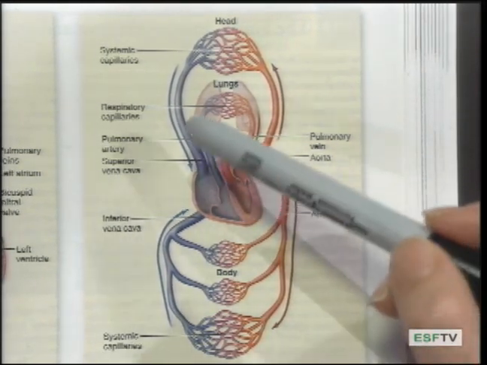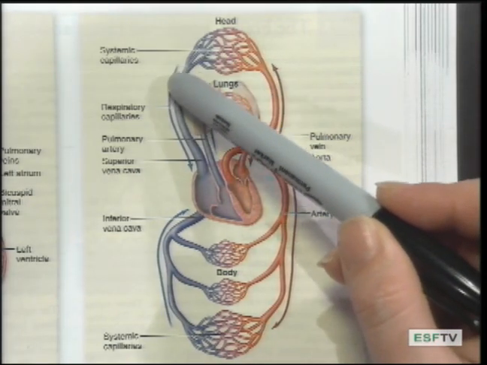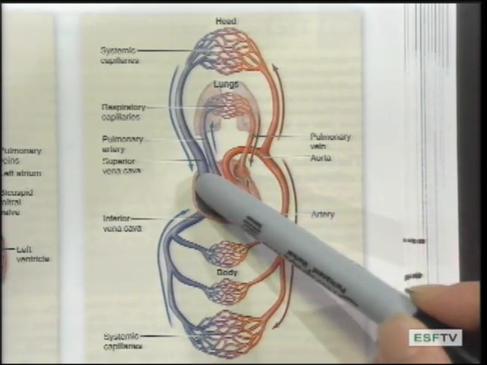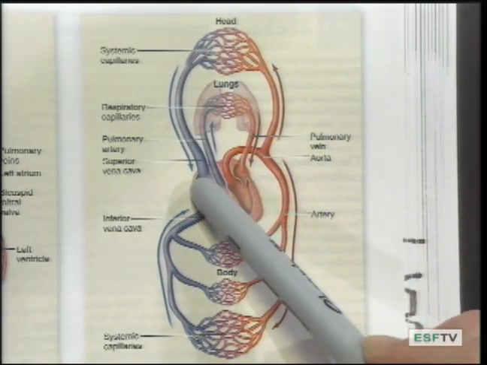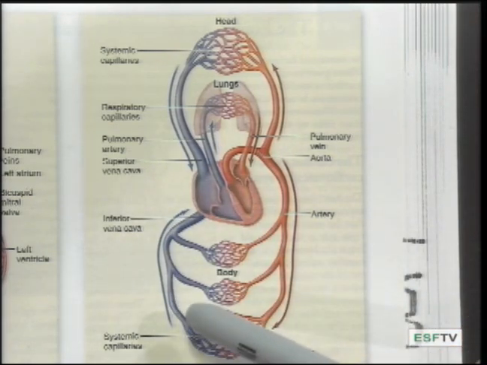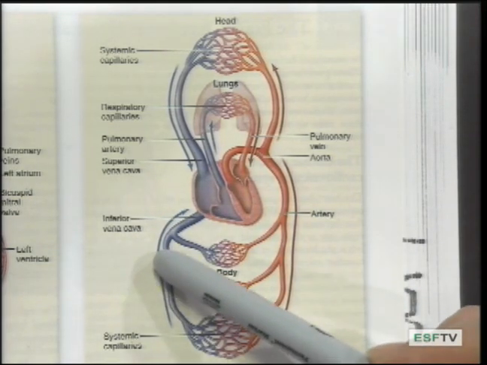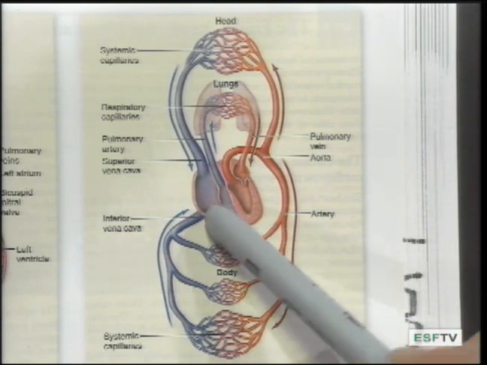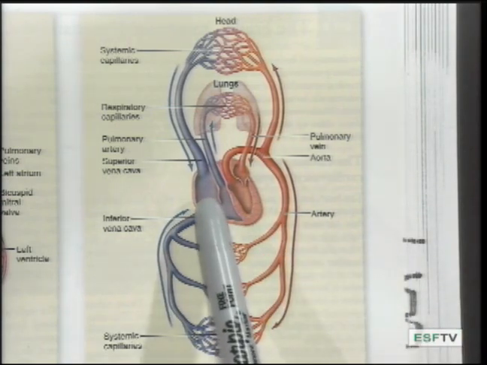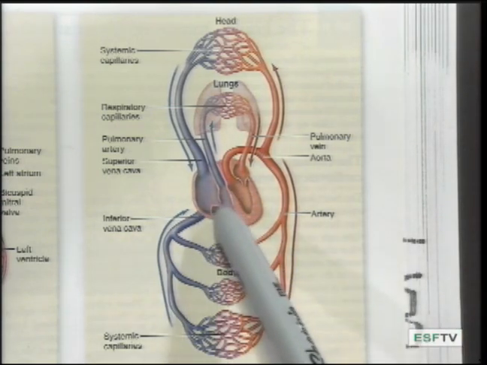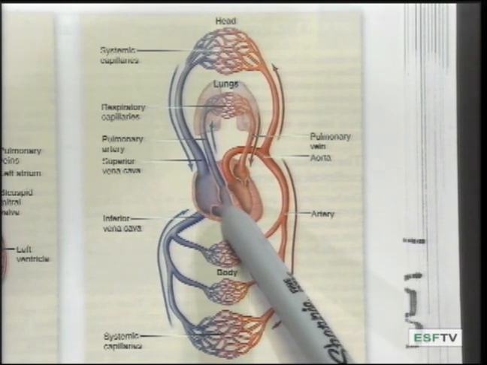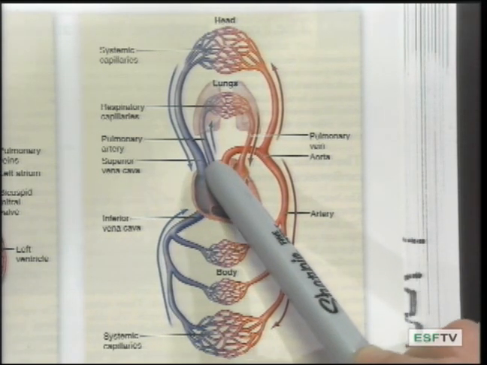You have unoxygenated blood coming back from the systemic circulatory system through the superior vena cava, and from the lower part of our body through the inferior vena cava into the right atrium, around and down through the right ventricle, and out through the pulmonary system.